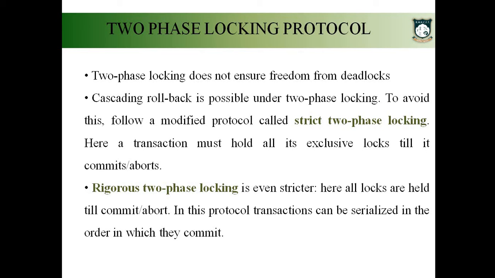Assume that you are rolling back T2. Assume that T1 has read the value that is given by T2. Now, if you roll back T2, then you should also roll back T1, right? But if T1 has committed earlier, then what can we not do? We cannot roll back T1 because it is already committed. So we should not have such schedules.